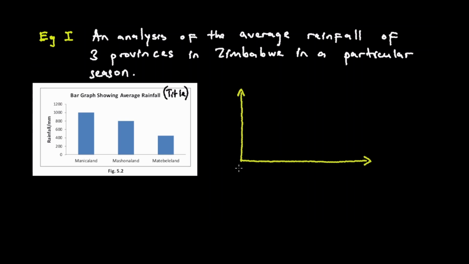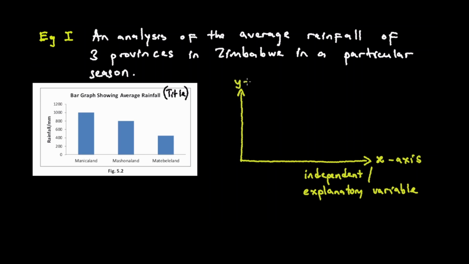Saka kana tiri statistics, this axis which we commonly refer to as the x-axis, kunoku tichaisa what we refer to as the independent kana kuti explanatory variable. The independent or the explanatory variable.